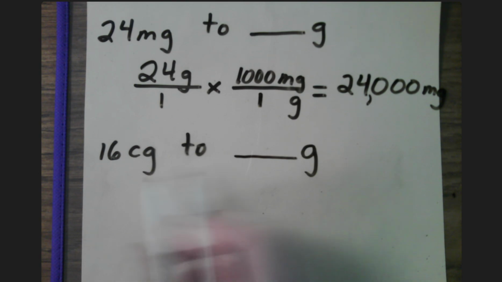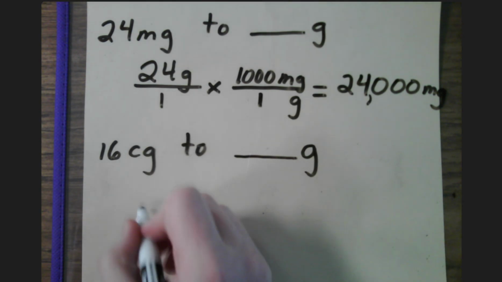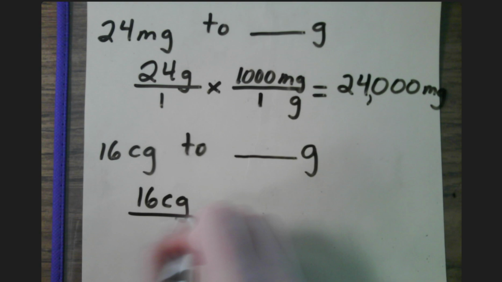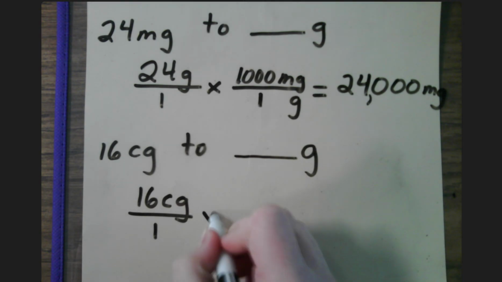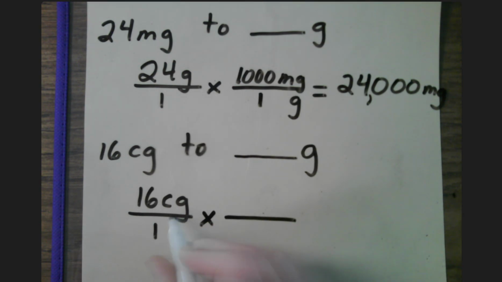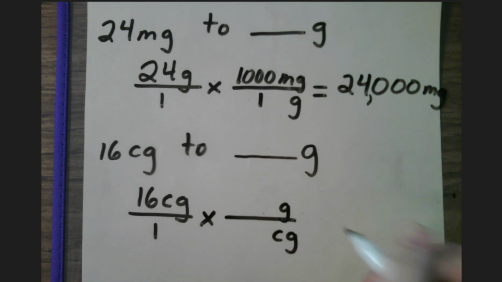Let's do this last one. 16 centigrams to blank grams. Let's write what we know, 16 centigrams, and we can put it over 1 because that's how whole numbers to fractions work. We want to get rid of centigrams, so we're going to put centigrams down here and grams here.